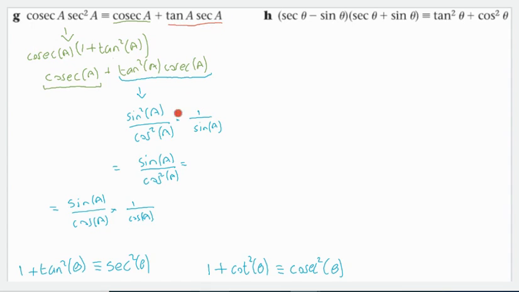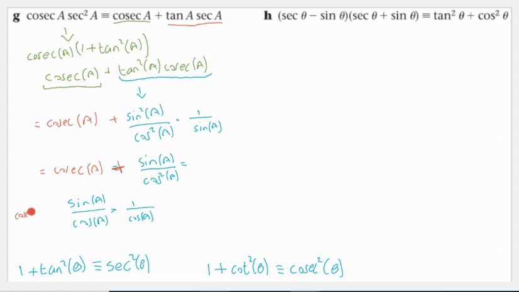The second part, and this is of course plus cosec A. So I'm just going to put plus cosec A, and really I should write that bit here too.